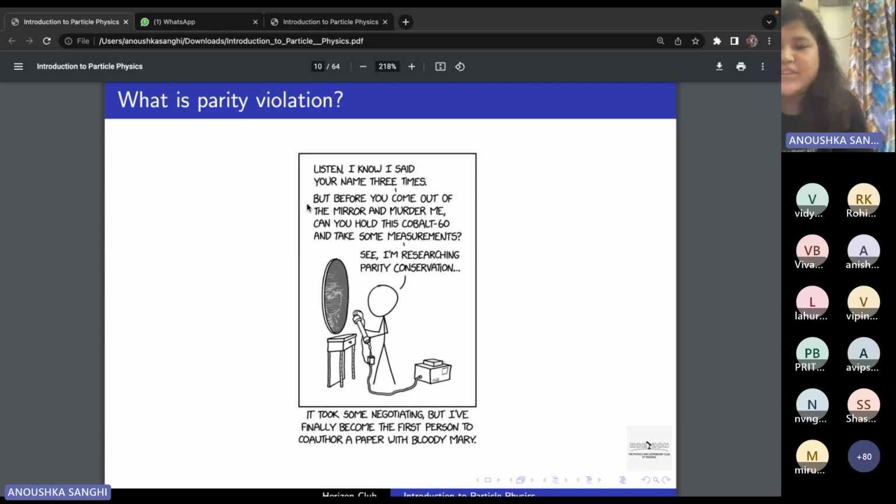Suppose you live in one universe, and I keep a mirror in that, will the physics laws be the same in the other universe? This is what physicists thought, and this is how the parity idea came into everybody's mind: will the laws be the same? There were several experiments done with parity and parity violations.